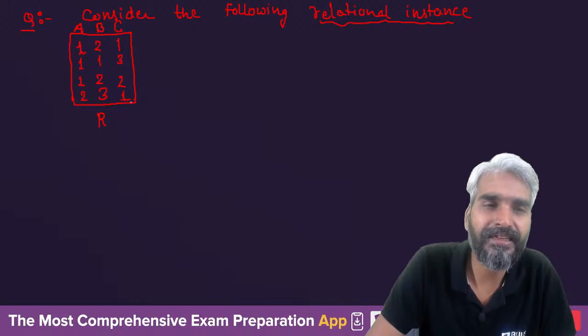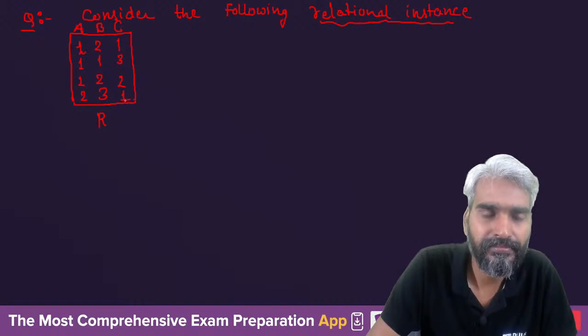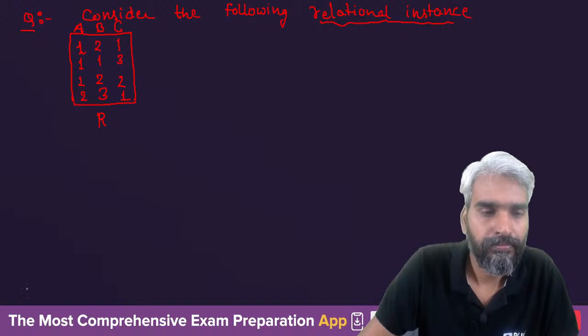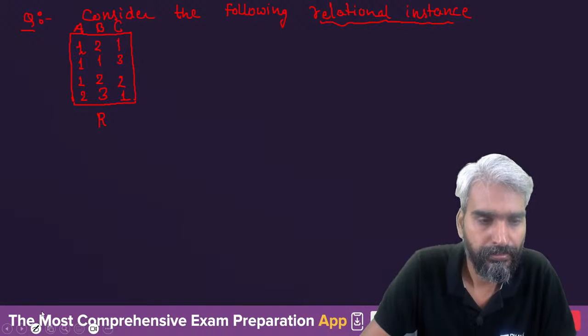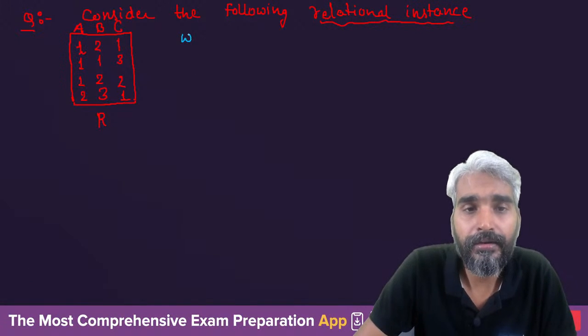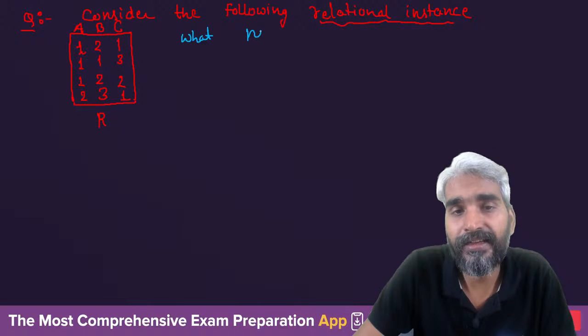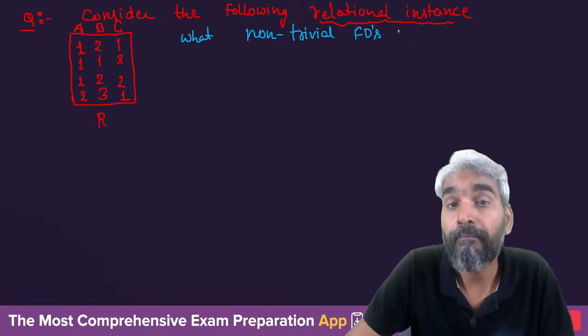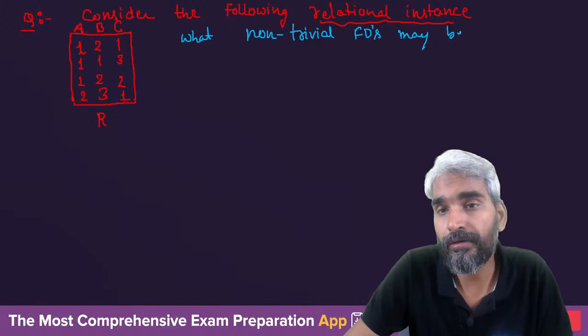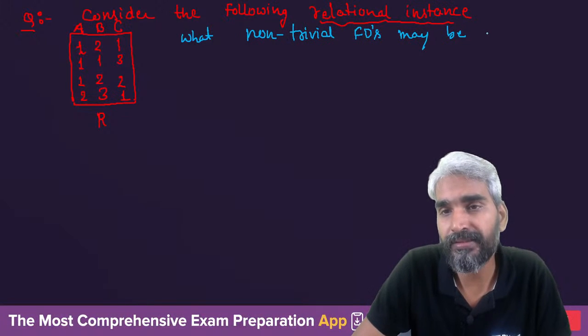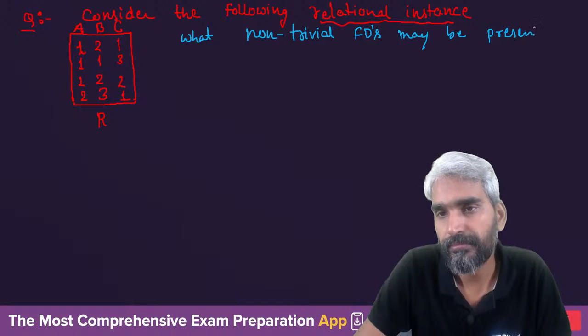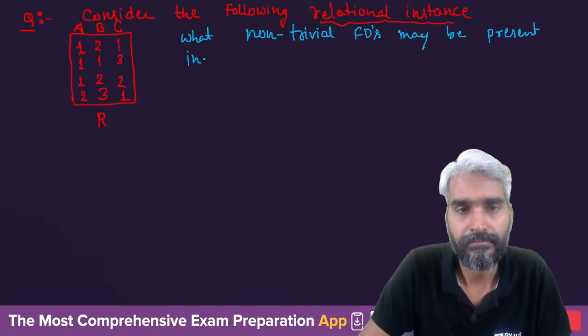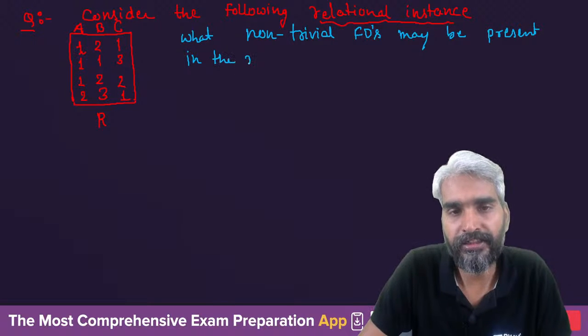Now what am I asking is, what non-trivial FDs may be present in the relation R? Why may?